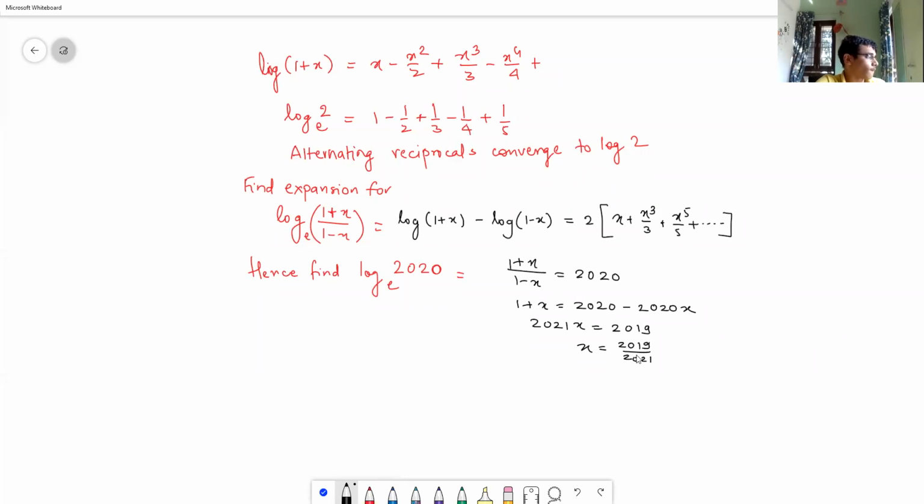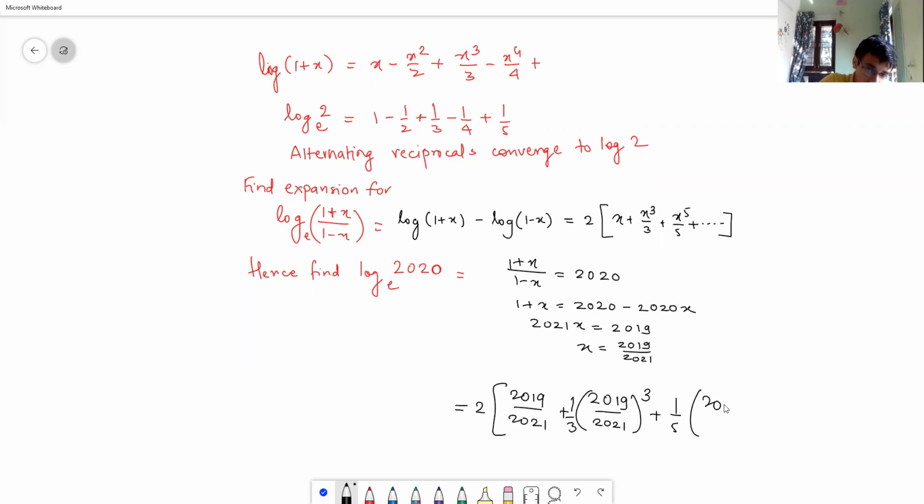So putting this x back into this equation, log 2020 is equal to 2 times 2019 upon 2021 plus 1/3 of 2019 upon 2021 cubed plus 1/5 of 2019 upon 2021 raised to 5 plus and so on.